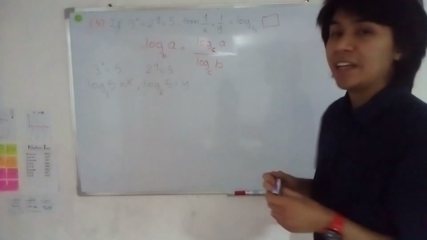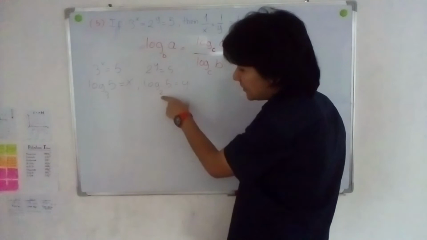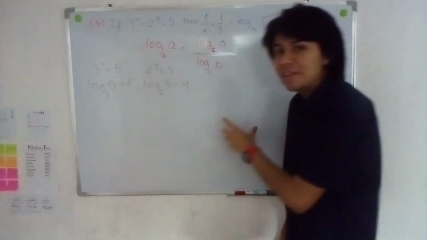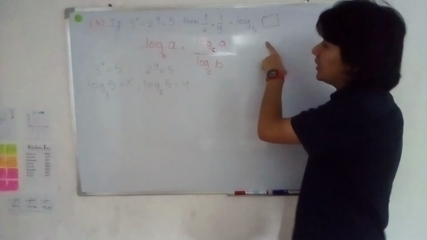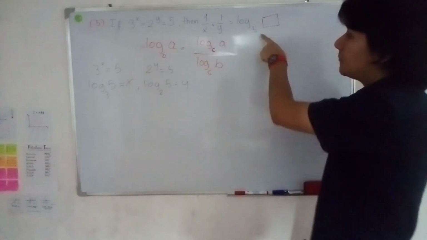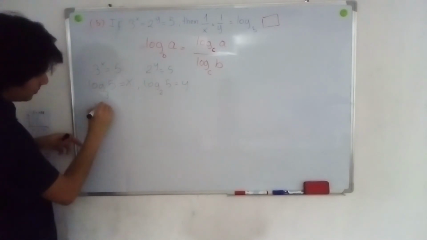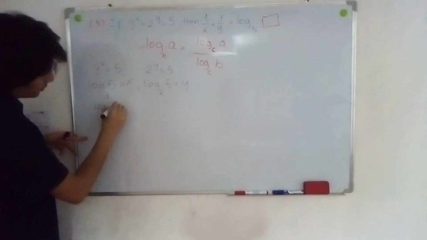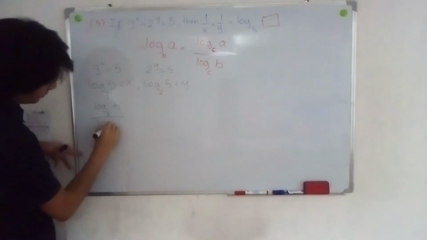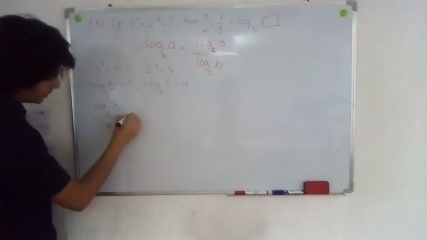Okay, and let's change this base, because that base 2 and 3 can be 5. Because that blank here is with base 5. So that is logarithm with base 5 of 5 divided by logarithm with base 5 of 3 is equal to x.